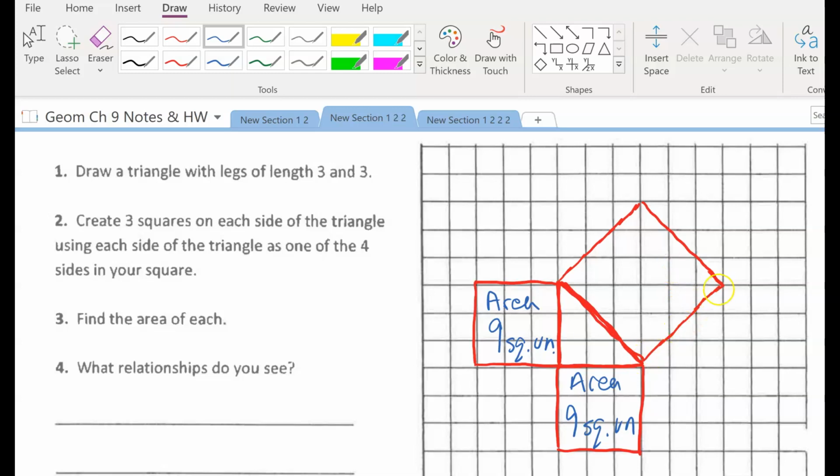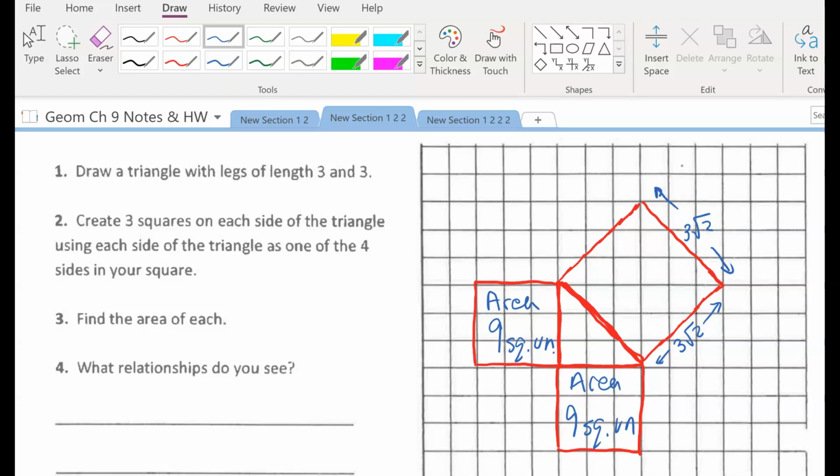And then this one over here, each one of these little diagonal pieces here is going to be the square root of 2. So we won't really go into how to get that right now. But this whole length here is going to be 3 square root of 2. So that means that this here is going to be 3 square root of 2.